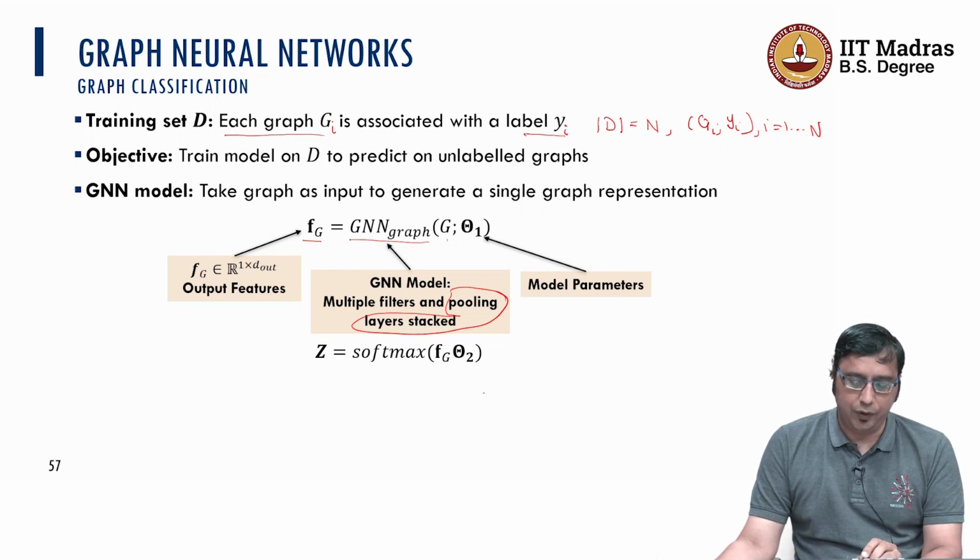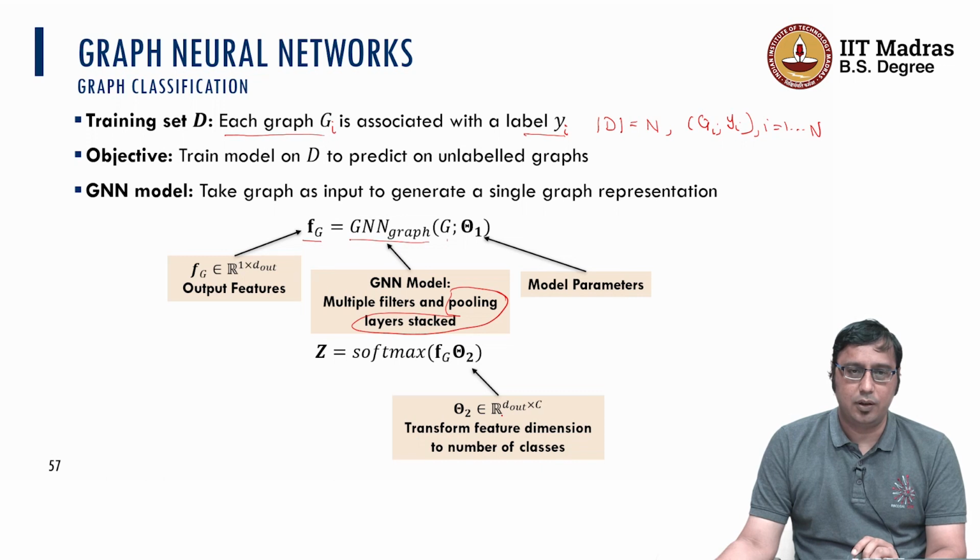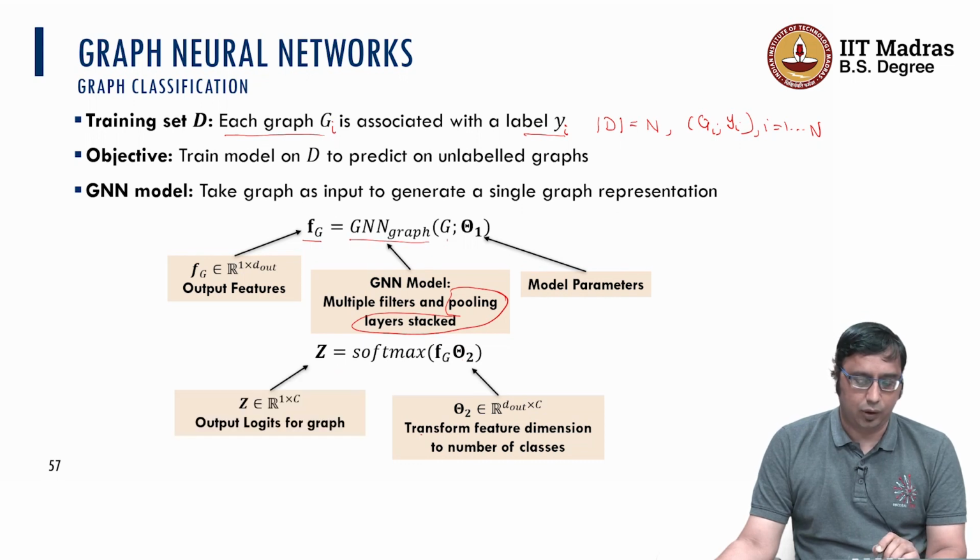For that, like for node classification, we will define a softmax layer in which we have to learn theta2 parameters, which transforms the feature dimension to the number of classes. The output will again be logits for a particular graph.